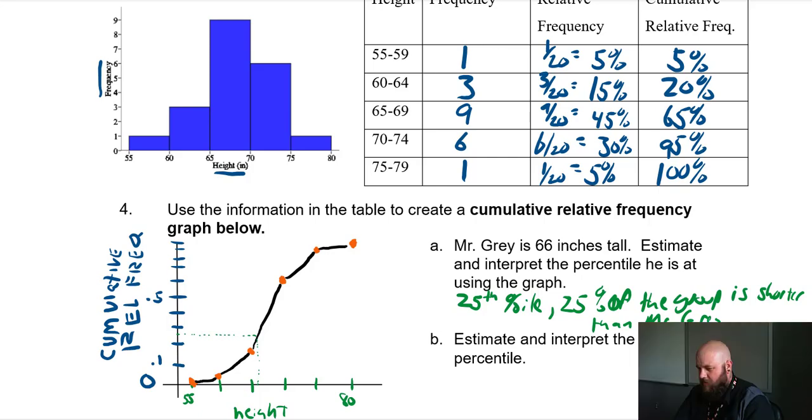Okay. So B is estimate and interpret the 80th percentile. So for the 80th percentile, we're going to look over here. We're going to say there's 80 right here. We're going to try and draw a line over as best as we can. And then we're going to come straight down.